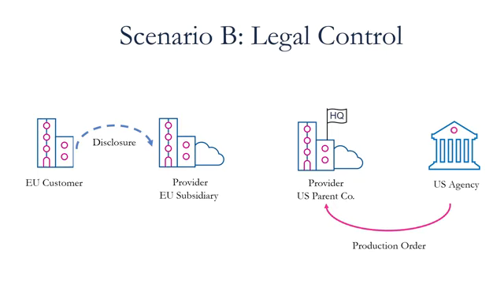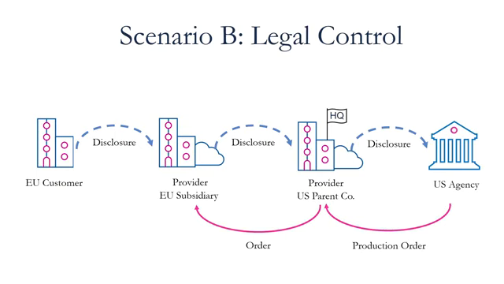They cannot directly access the data themselves, but they can order their subsidiary to hand over the data and then hand the data over to the US government. So it's those disclosures of European customer data from the provider's European subsidiary and ultimately to the US government that we analyze under the GDPR.